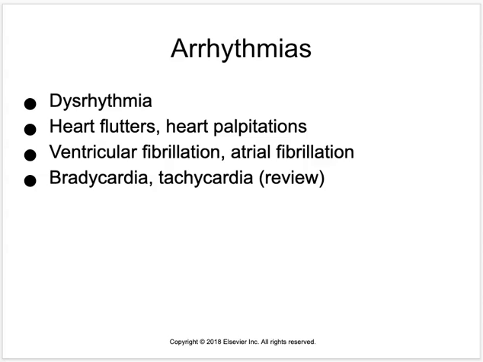Here we are looking at arrhythmias. Okay, if we look at that first term up there, dysrhythmia, broken down into word parts means difficult rhythm. Okay, so technically dysrhythmia is a more accurate term for an abnormal heart rhythm or a difficult rhythm.